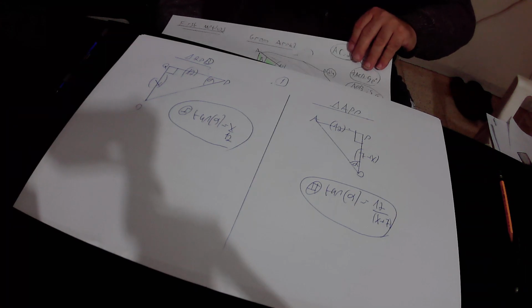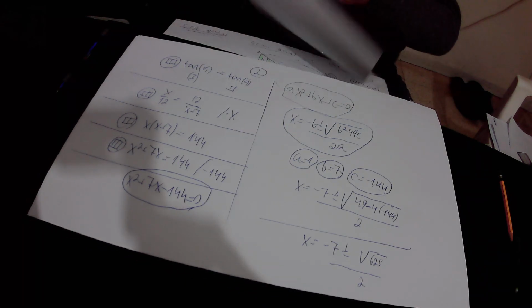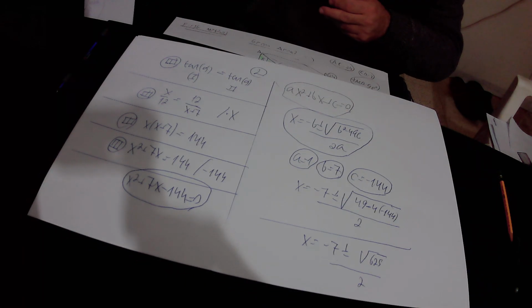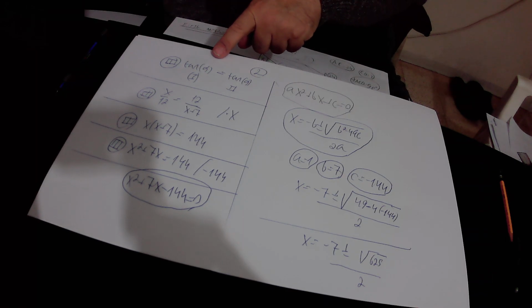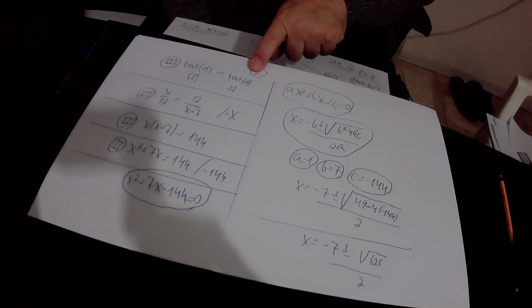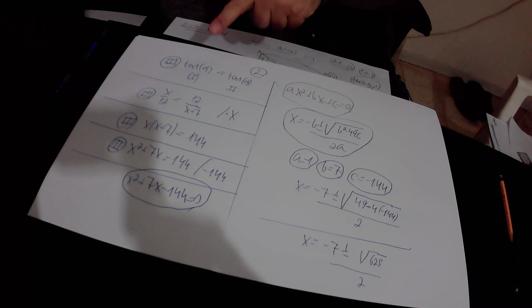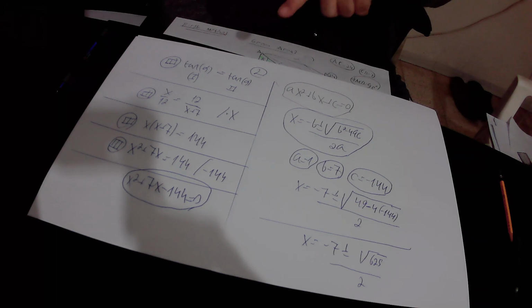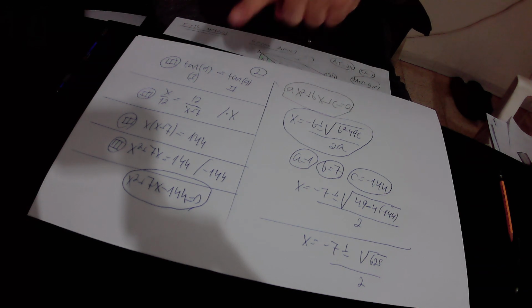In the next step, we created equation number 3. According to equation number 3, tangent alpha according to equation number 1 must be equal to tangent alpha according to equation number 2. Tangent alpha according to equation number 1 is x over 12, and according to equation number 2 it is 12 over x plus 7.